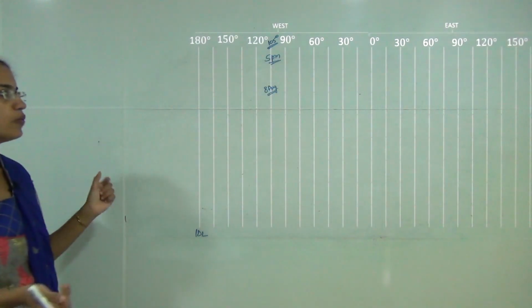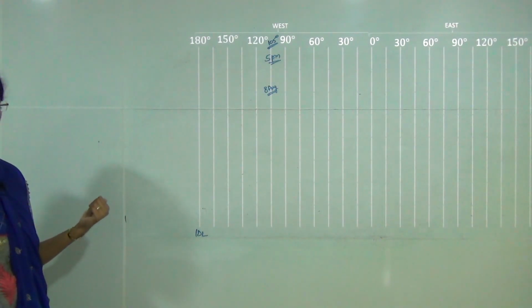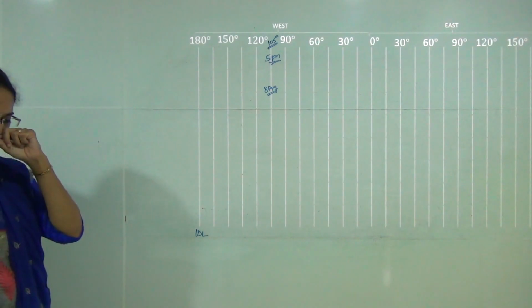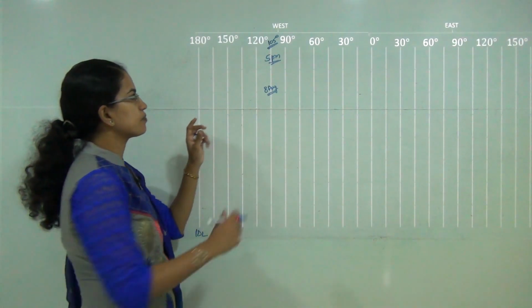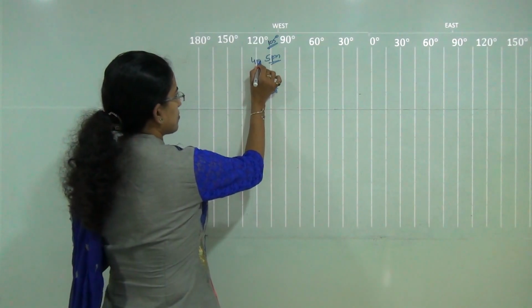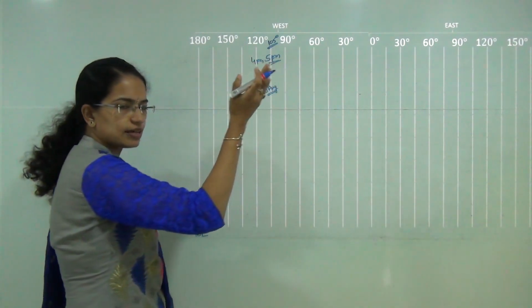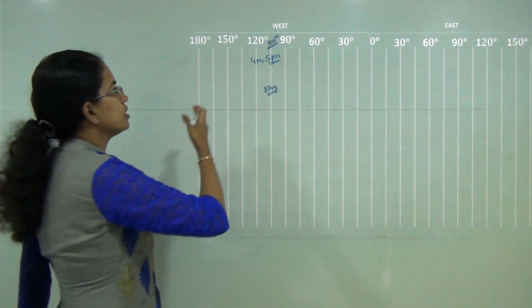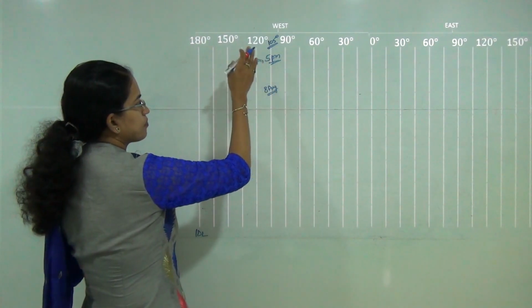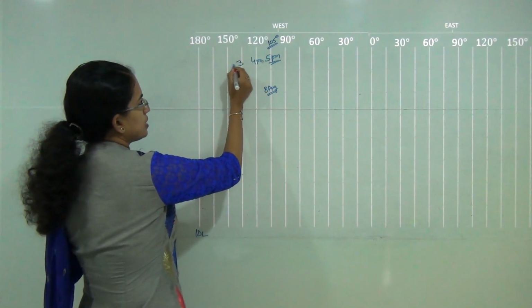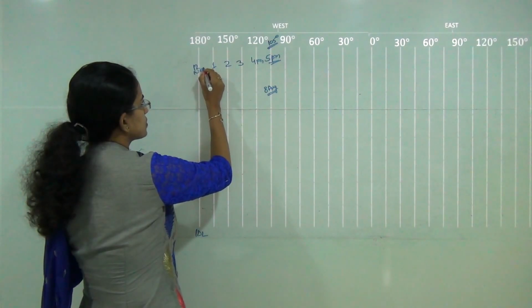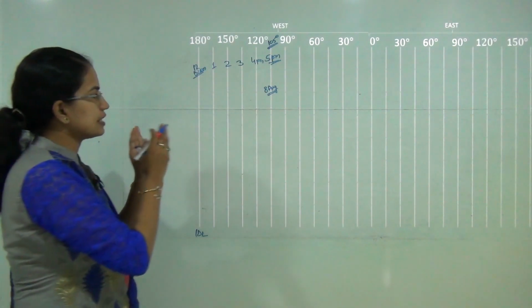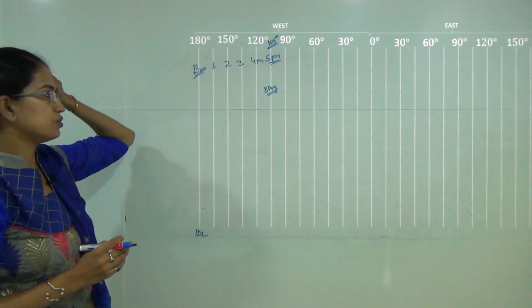When I am crossing it, I am starting with 5 p.m. It becomes 4 p.m. I am going back. As I am moving west, I am losing time. So you have 5 p.m., 4 p.m., 3 p.m., 2 p.m., 1 p.m. and 12 noon. So at the 180 degrees dateline, it's 12 noon.